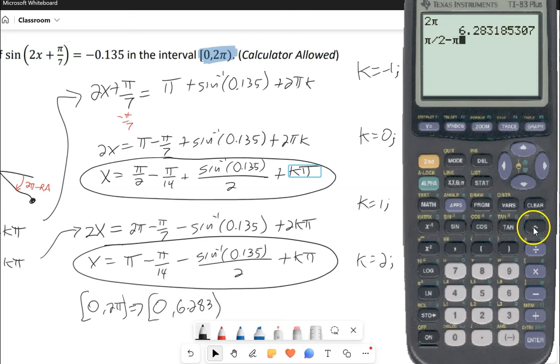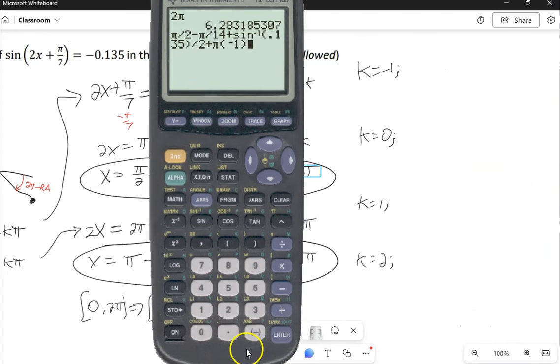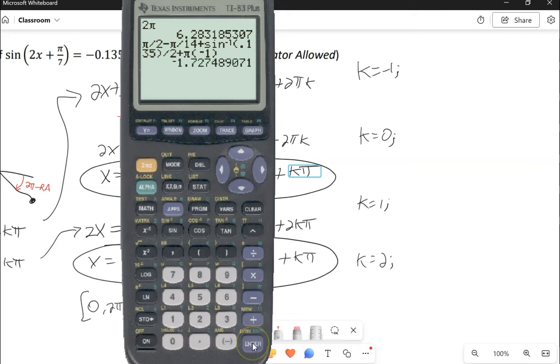Minus pi 14ths, plus arc sine of 0.135 divided by 2, and then plus pi times -1. Enter.